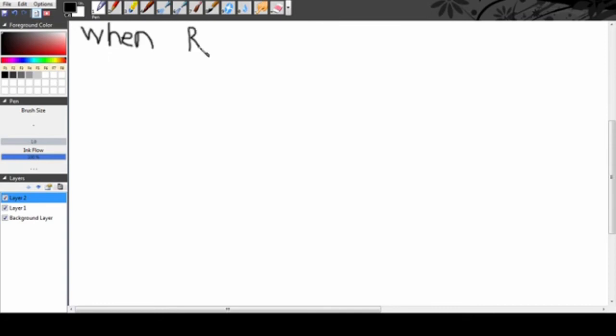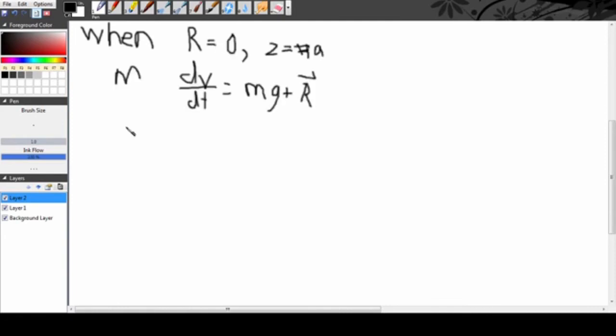So we're going to solve this problem using Newtonian mechanics. So m times dv dt is equal to mg plus r vector. This means that m times dv dt minus mg minus r vector is equal to 0.